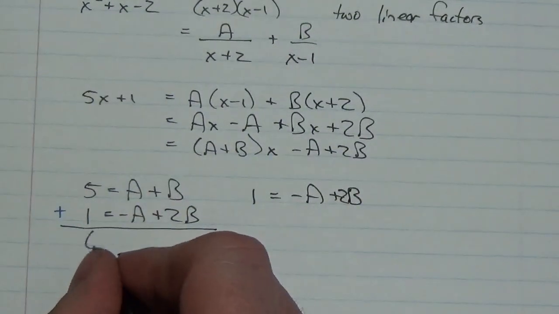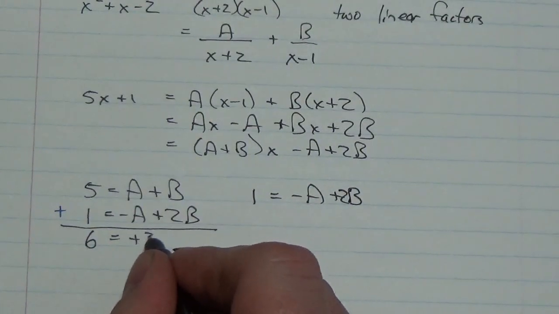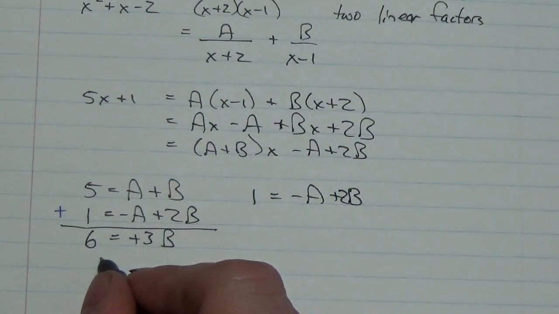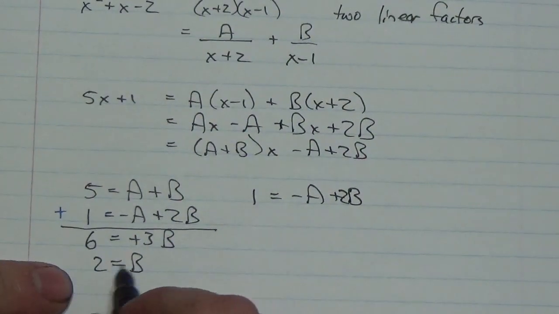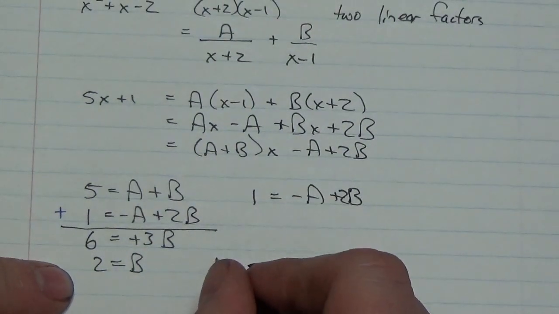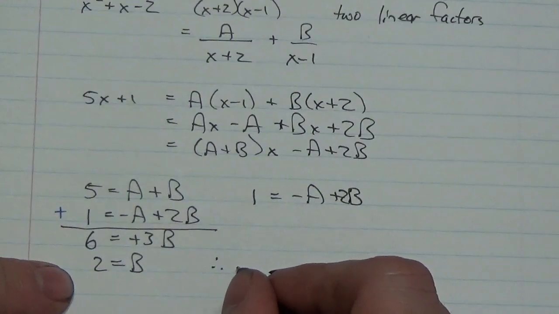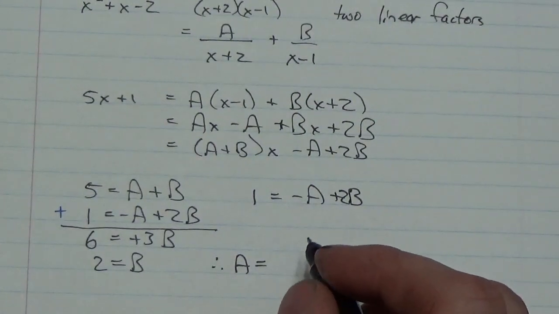I'll get 6. A and negative A will cancel. I'll get 3B. And then when I divide, I get that B is equal to 2. And then if B is equal to 2, I can go back up to this initial expression, and I know automatically that A has got to be equal to 3.